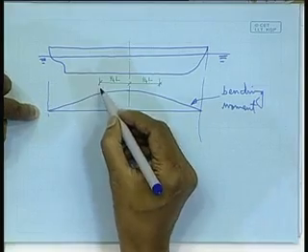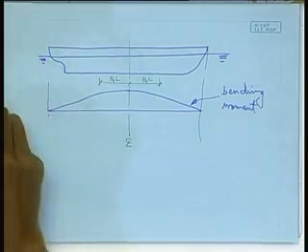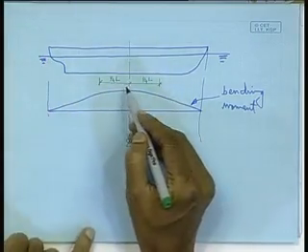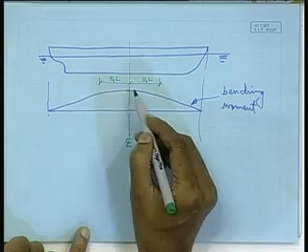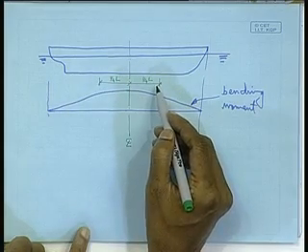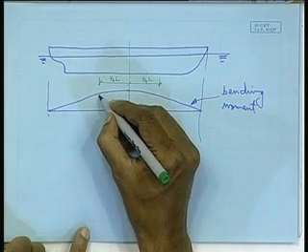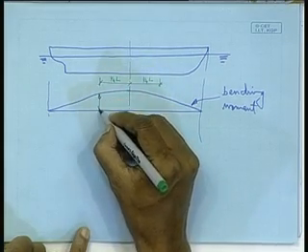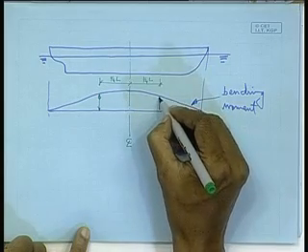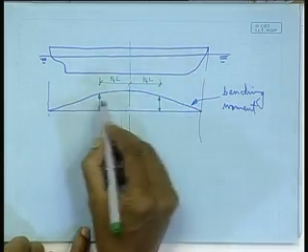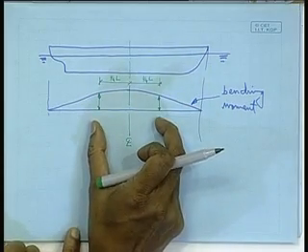So here I have shown a zone of 1/4 of the length of the ship aft as well as 1/4 forward, because we see that in this region the bending moment appears to be maximum.